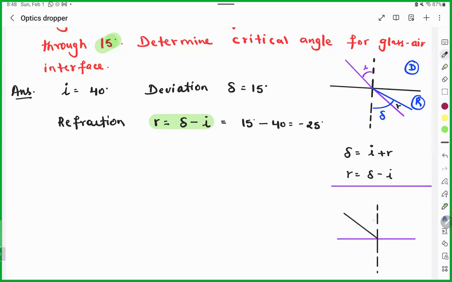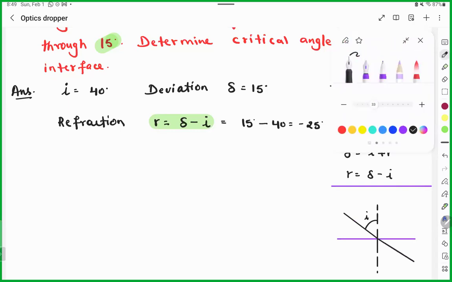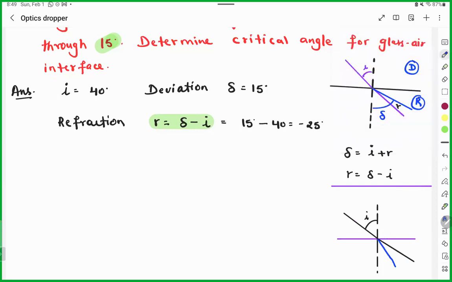This will be angle of incidence. It should go straight and then bend toward the normal. Correct? So this is R. Then this will be angle of deviation.